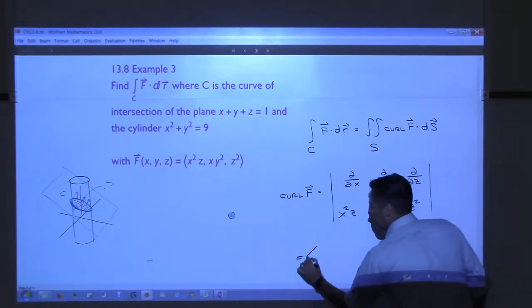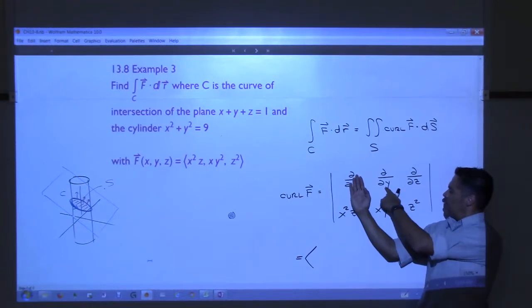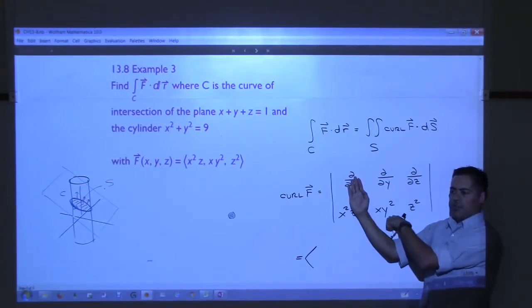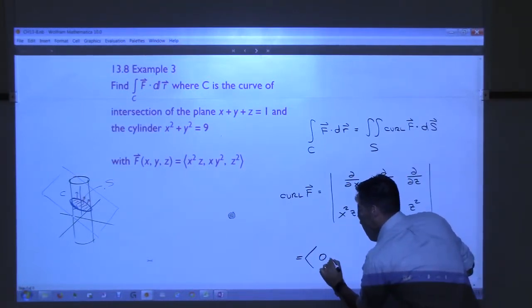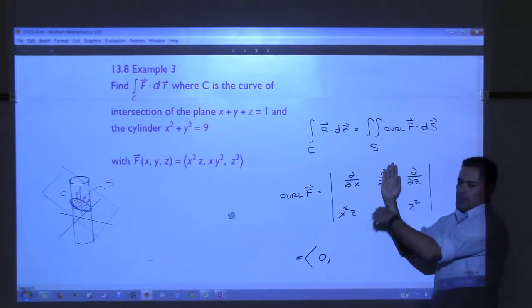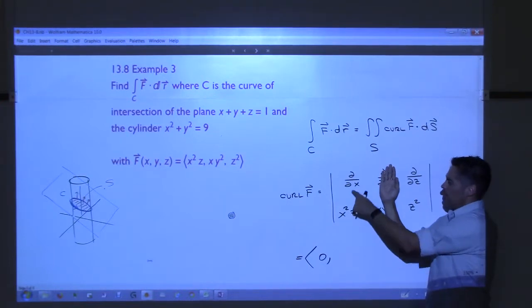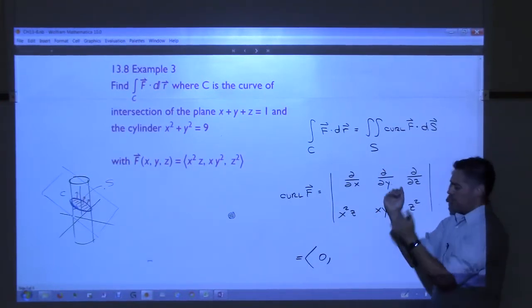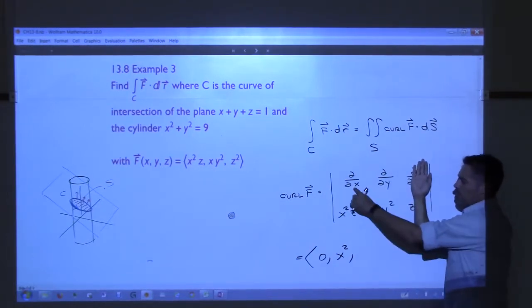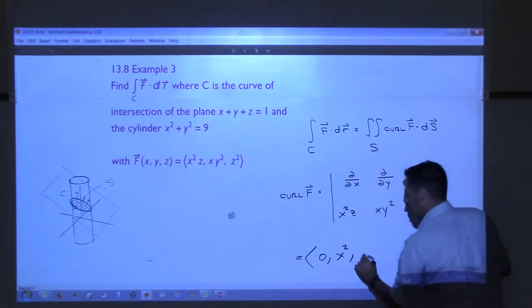The x component: partial with respect to y of this is 0, minus partial with respect to z of this is 0 again. So 0. Now we do this one, and I'm going to do the reverse order. Partial with respect to z of this is x squared, and then minus 0, so just x squared. And finally this one, partial with respect to x of this is just y squared, partial with respect to y of that is 0, so y squared.